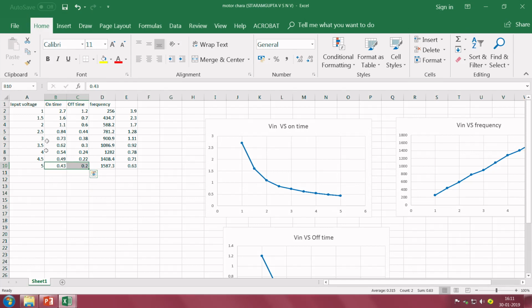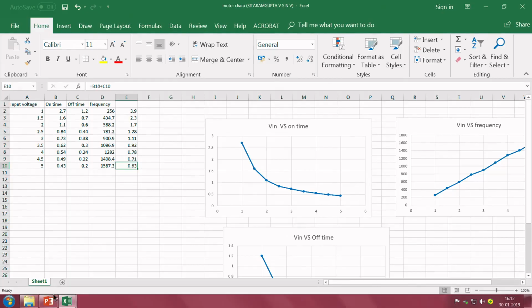When we look into this table, it shows that under 5 volts we are getting 430 microseconds of on time and 200 microseconds of off time, and the total time of a single pulse is 0.63 milliseconds.